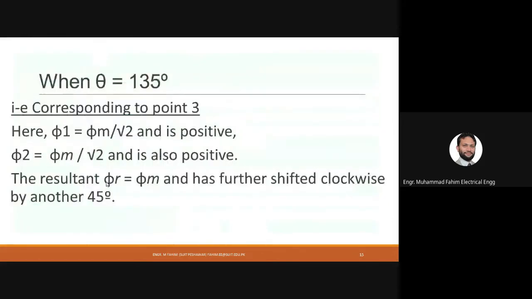So when theta is equal to 135-degree, that is corresponding to point 3. Here, phi 1 is equal to phi max by under root 2 and is positive. Phi 2 is equal to phi max by under root 2 and is also positive. The resultant phi r is equal to phi max and has further shifted clockwise by another 45 degree.